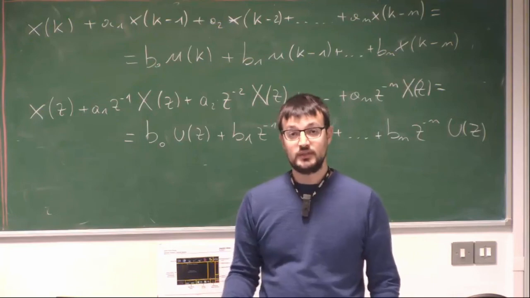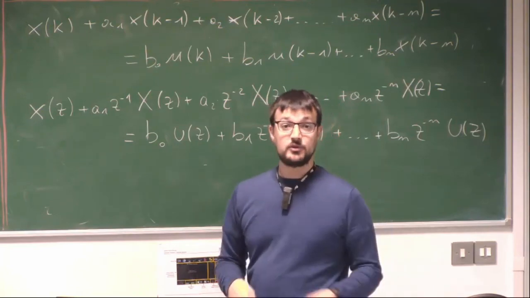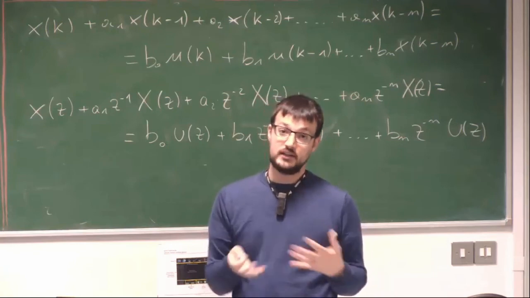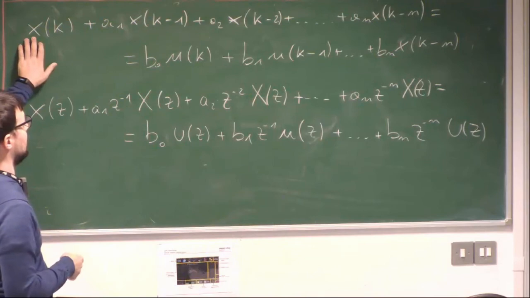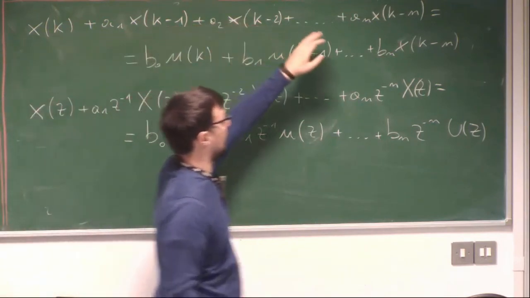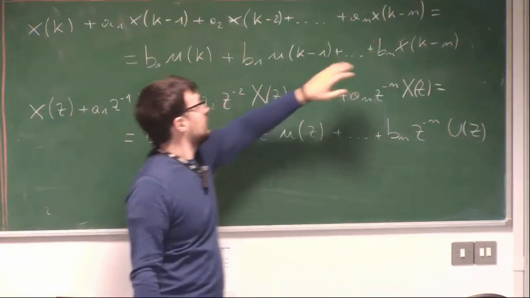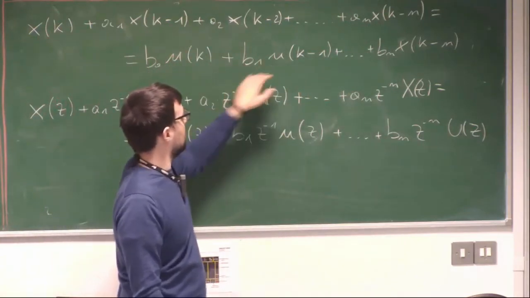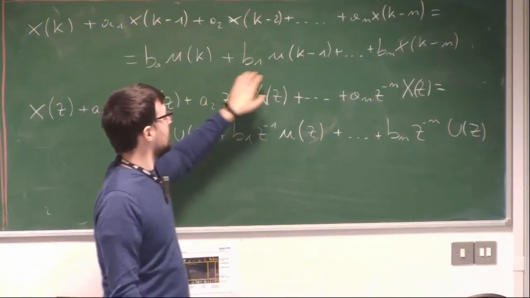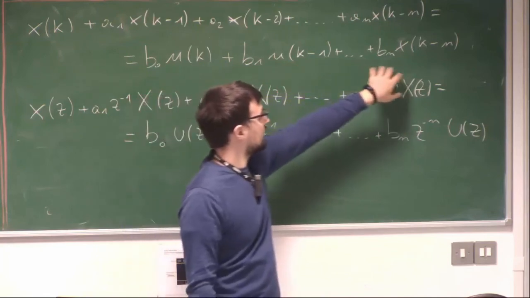I want to conclude this discussion about the z transform saying that the z transform can be used to solve general difference equations. For instance, here we have a difference equation with a lot of terms, okay, that goes from x of k to x of k minus 1, and then this is equal to the sum of the input and retarded versions of the input, so delayed versions of the input, okay, up to n.